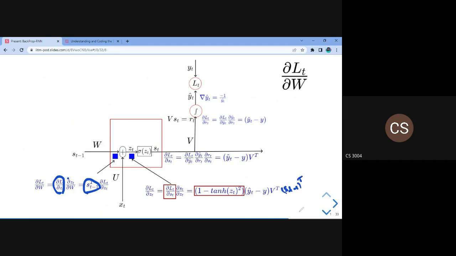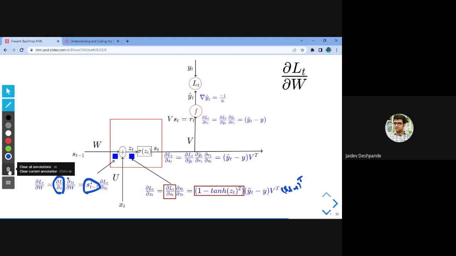So the gradient of the loss LT with respect to W depends on all these factors, YT minus Y and so on. Sorry, could you repeat that, Arun? Which current gradient, and what does it depend on?